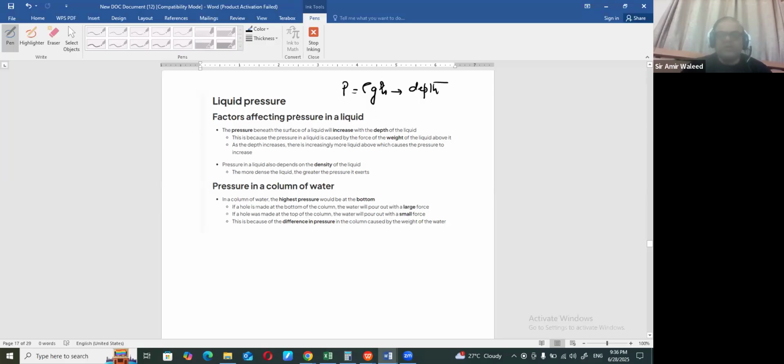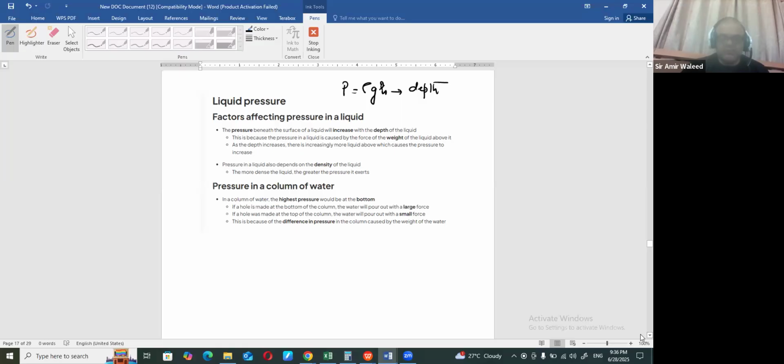Like in the sea, if you go further down, the pressure will be more and more. So if the depth under the water increases, the pressure in the liquid increases, and if the density increases, the pressure also increases.